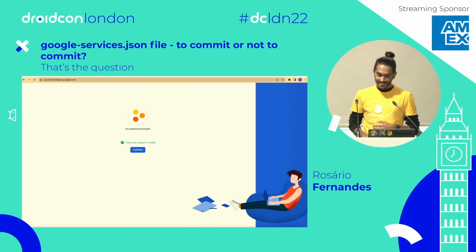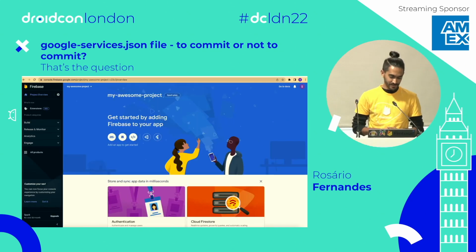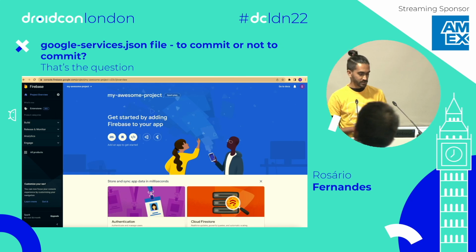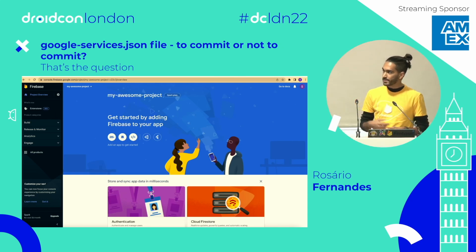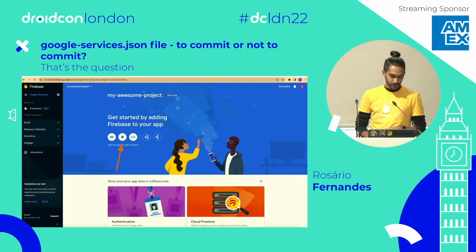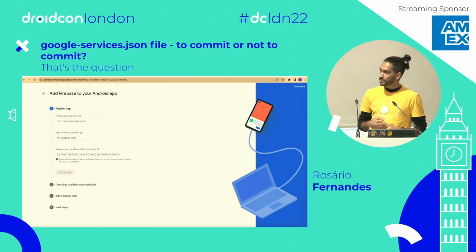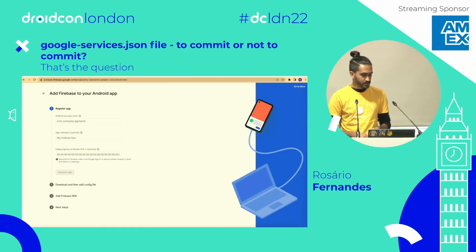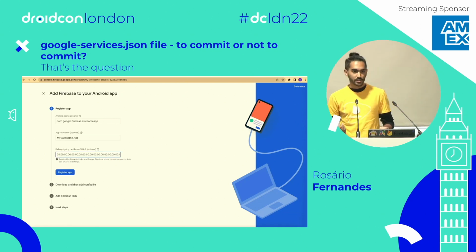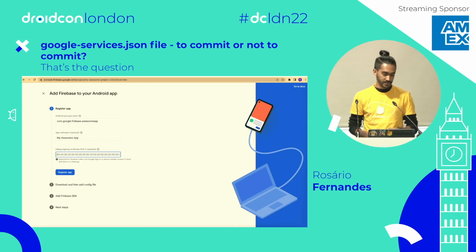Once it's done, you'll see a screen like this. You can continue, and you get a brand new, empty project. So let's go ahead and add an Android app to it. Click on that button right there. You're taken to this nice wizard that asks you for your application ID along with a name, and optionally you can enter a SHA key.